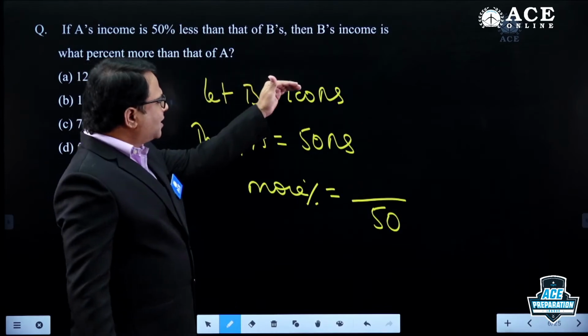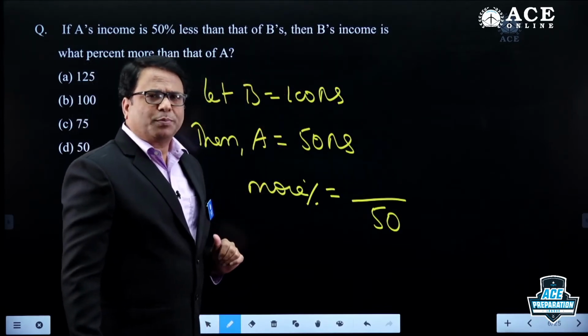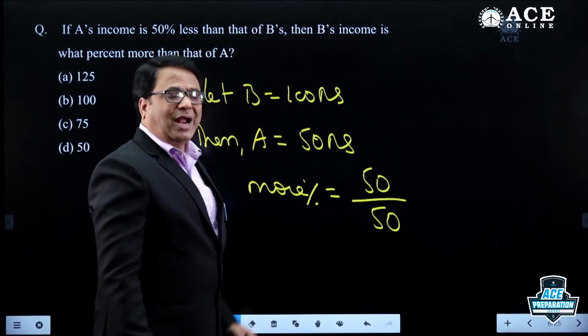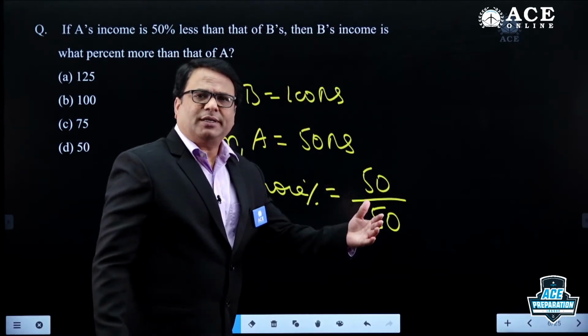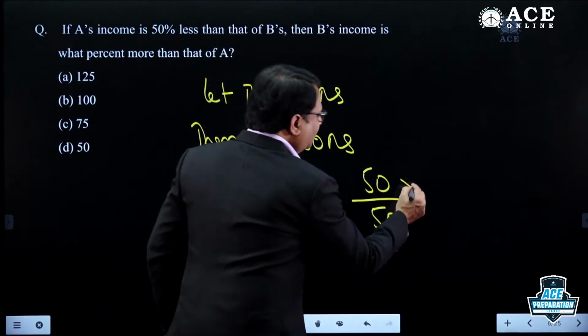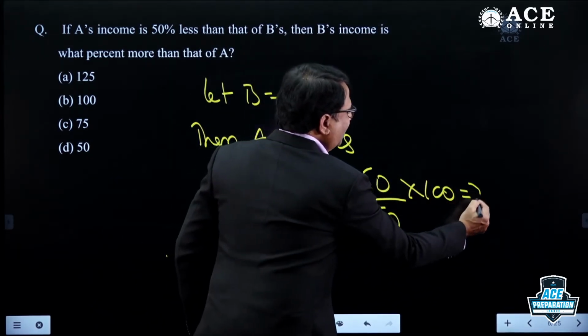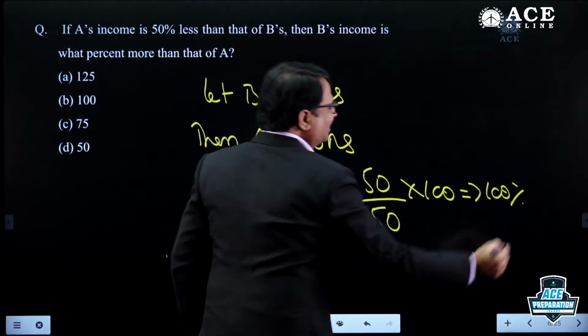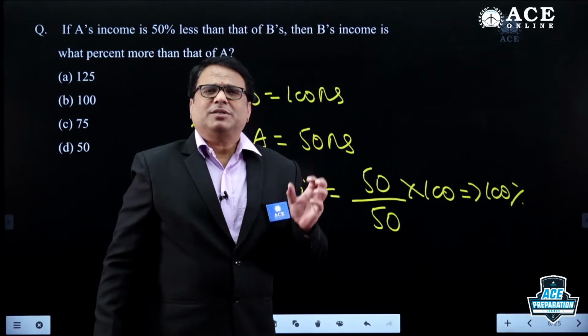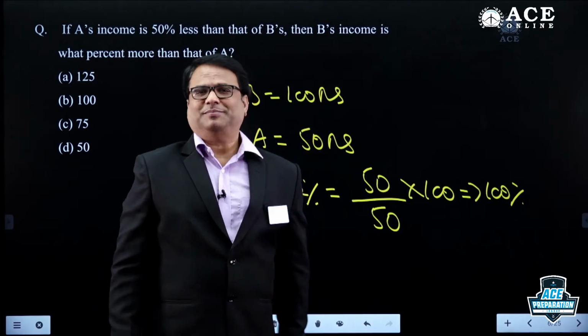Now tell me, B's income is how much more? 50 rupees more. So that 50 you have to write in the numerator. And to convert a fraction into percentage, you have to multiply that fraction with 100. So into 100. So that gives you 100%. Then we can say B's income is 100% more than A's income.